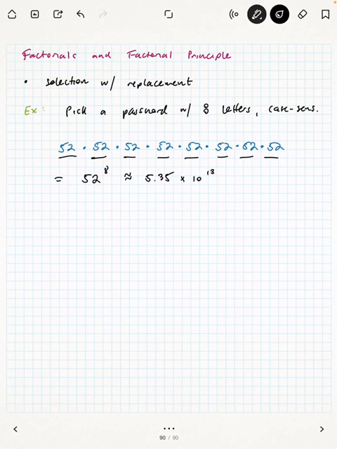So, this is a very specific example, but if we're selecting with replacement, right? So, let's say there's k spots, n possibilities for each, or you're picking k items and there's n items total, then the total number of possible ways that you can select will be n to the k.